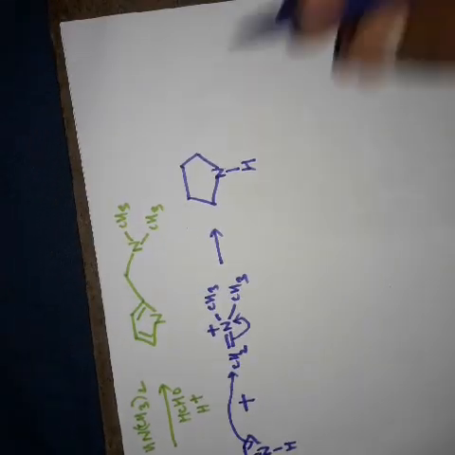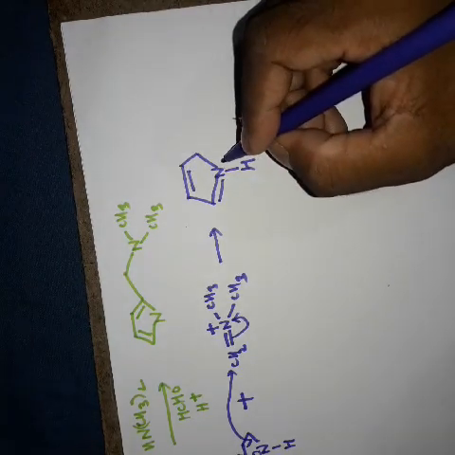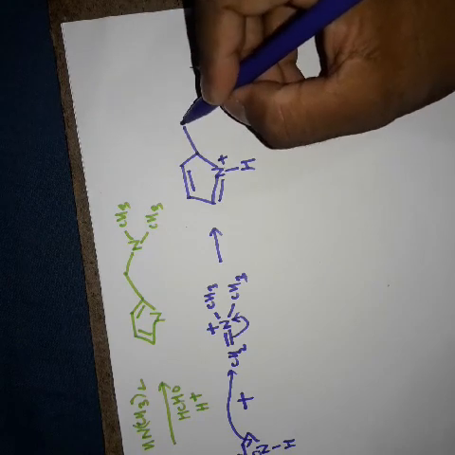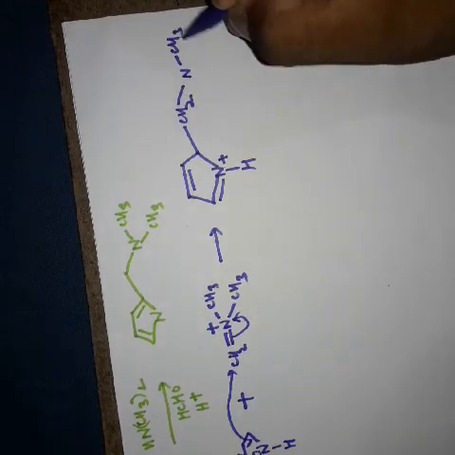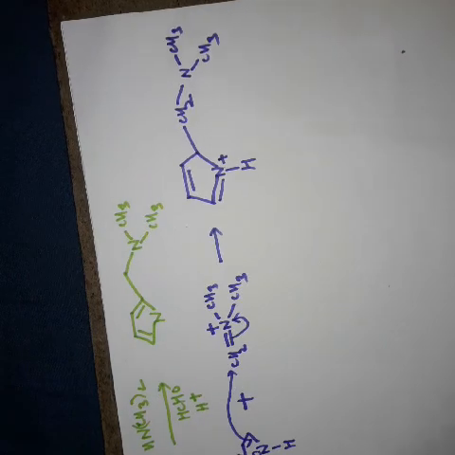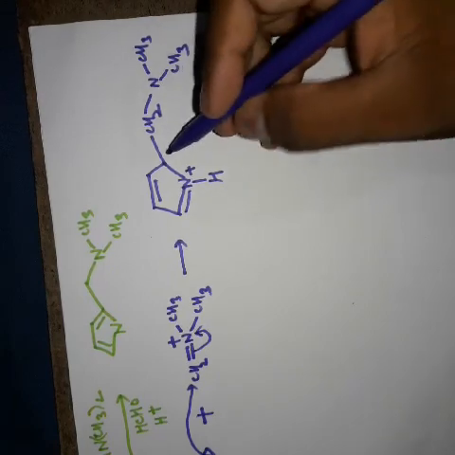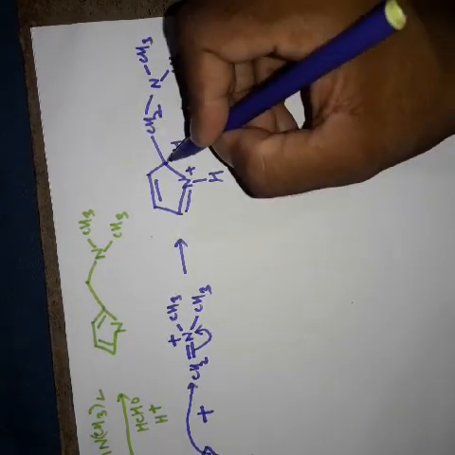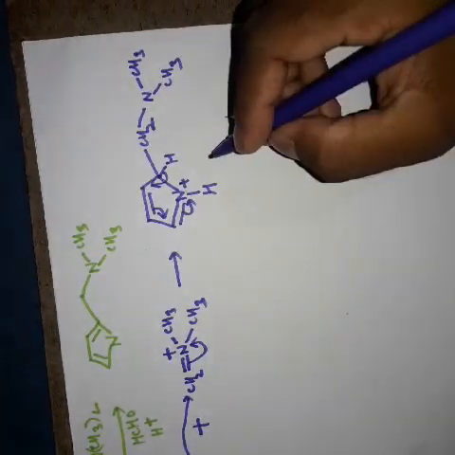So due to the resonance, this will look like this. Now in order to stabilize this positive charge, the hydrogen from this position will come out and this will stabilize the positive charge.